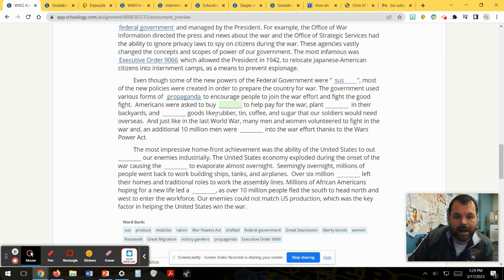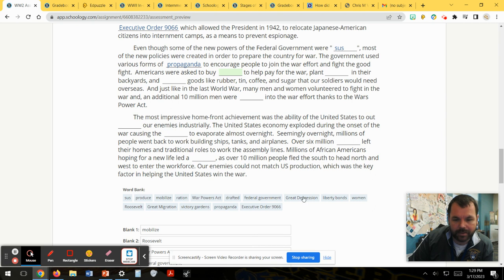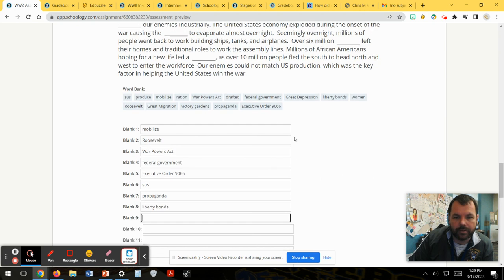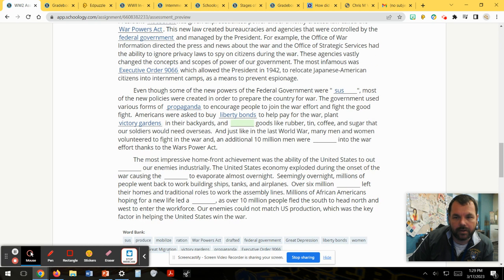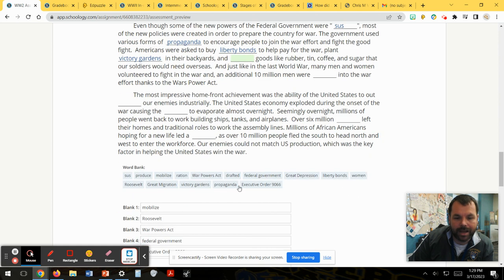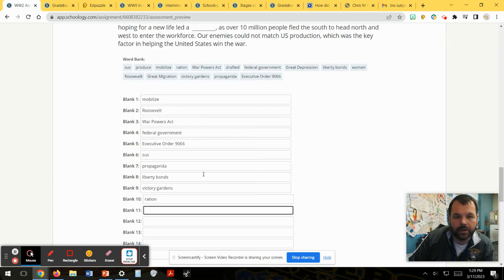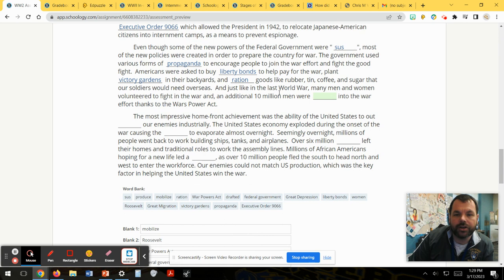Americans were asked to buy blank to help pay for the war. That would be Liberty bonds. They were asked to plant victory gardens in their backyards, and blank goods. That would be ration goods like rubber, tin, coffee, and sugar that our soldiers would need overseas.